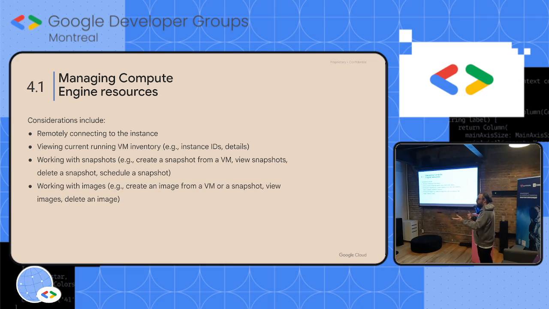So there is a bunch of mechanisms inside GCP to be able to back up your VM, snapshot your VM, back up your disk, restore your disk, create an image based on a snapshot, and so on and so on. You can for sure schedule a snapshot scheduler to back up your VM each time. The important thing you need to understand is that the first snapshot is taking the full picture of your VM, all the disk, and after that, this is incremental, okay? So the first snapshot is taking a little bit of time, depending on the size of your compute and your disk, but after that, this is incremental backup, okay?